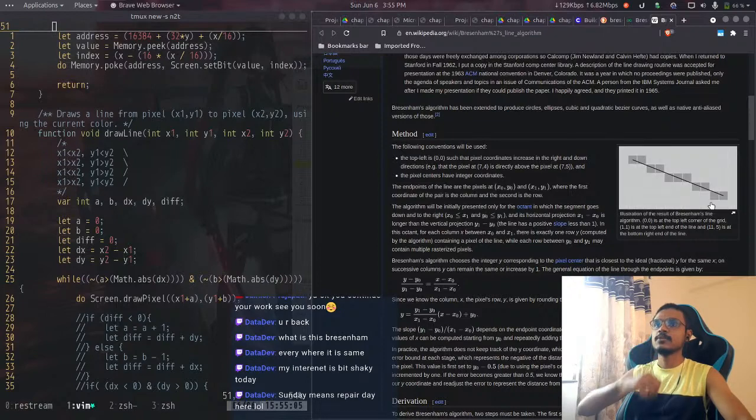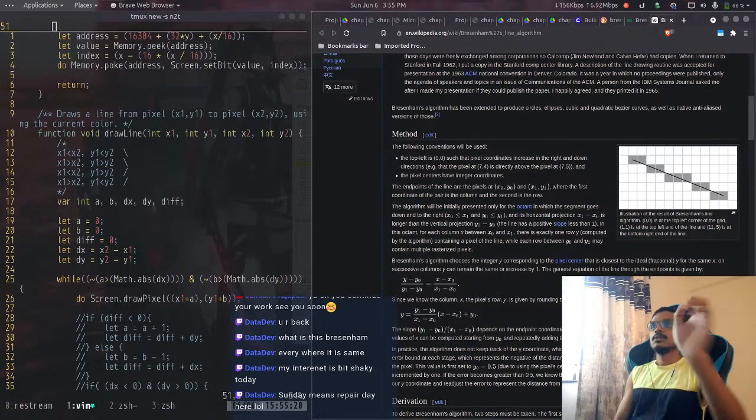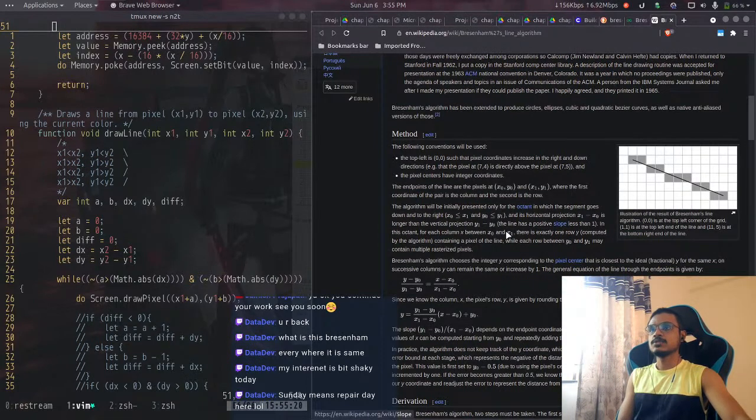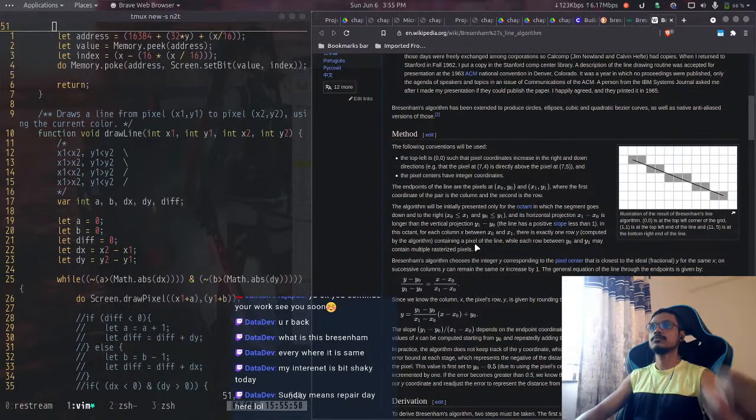You mean this horizontal is longer than this projection. The line has a positive slope. So this kind of line has a positive slope and this kind of line has a negative slope. In this octant, octant means the segment of the graph, right? 1, 2, 3, I guess.